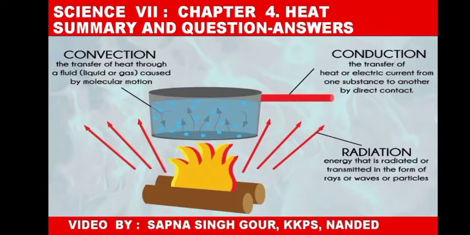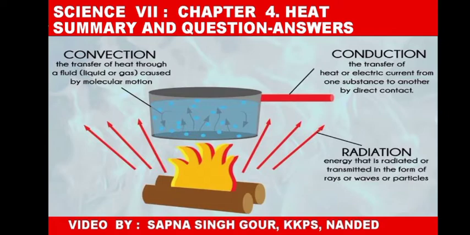The water and air are poor conductors of heat, but due to convection, heat transfer takes place in these substances. In convection, the molecules themselves move from one place to another, carrying heat energy with them.